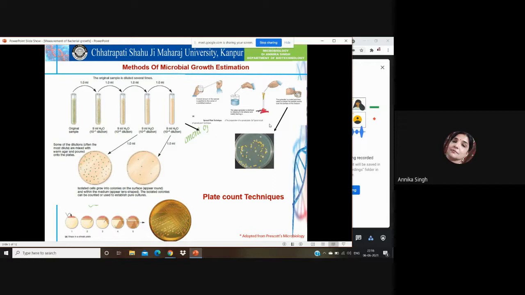And on the basis of nutrient abundance or nutrient concentration, the medium can be classified as minimal medium, which has one or more nutrients as a limiting factor, and enriched medium.